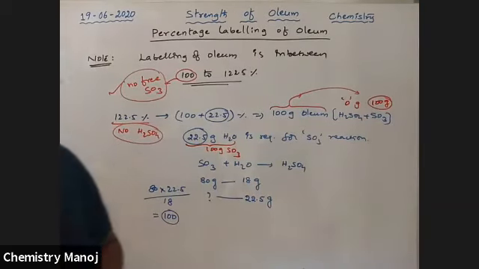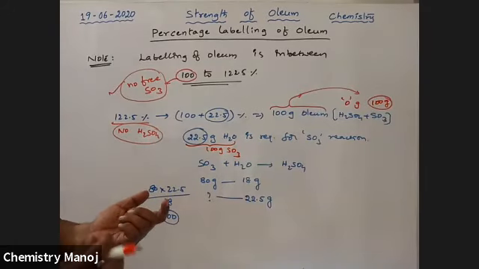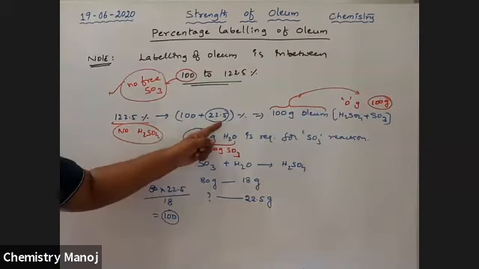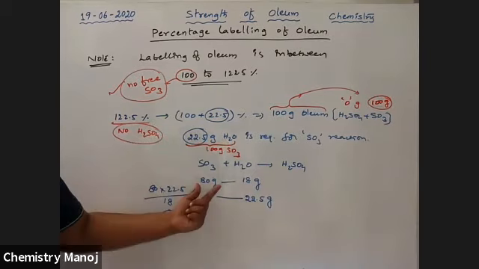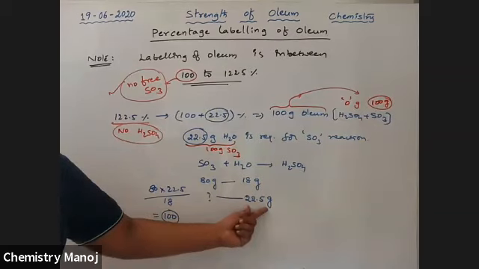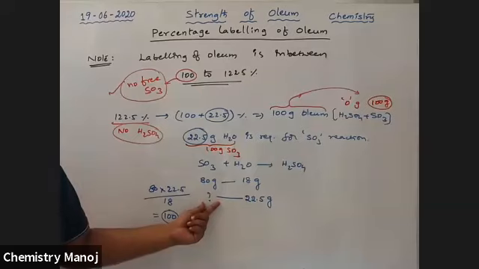See here, 122.5 means 100 plus 22.5. 22.5 grams water is required. As per our balanced equation, 80 grams SO3 requires 18 grams water. But 22.5 grams is required from this concept. 22.5 grams water means how much SO3 is there?